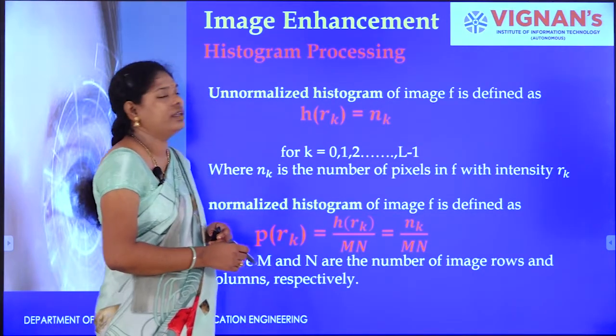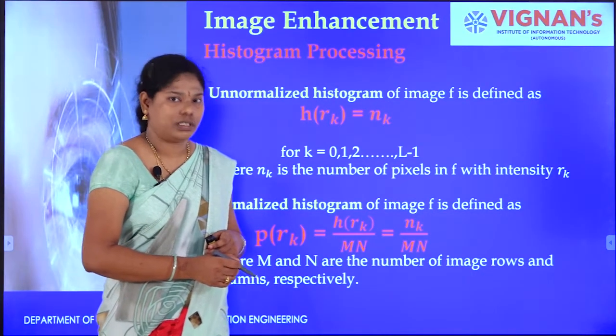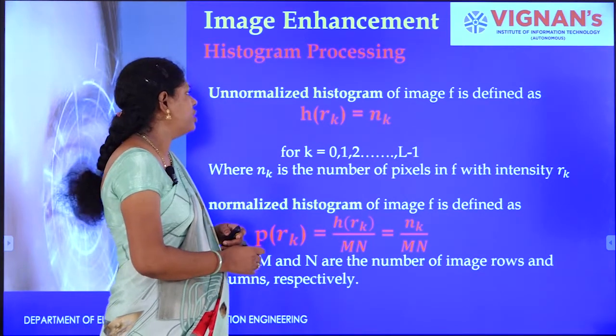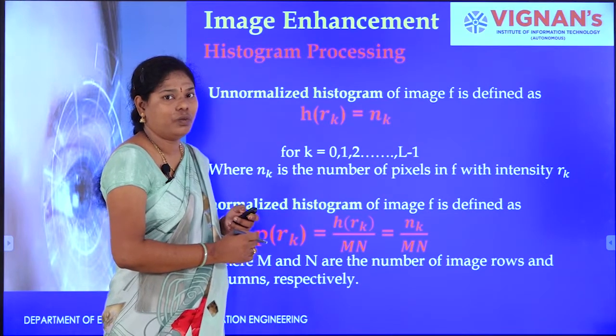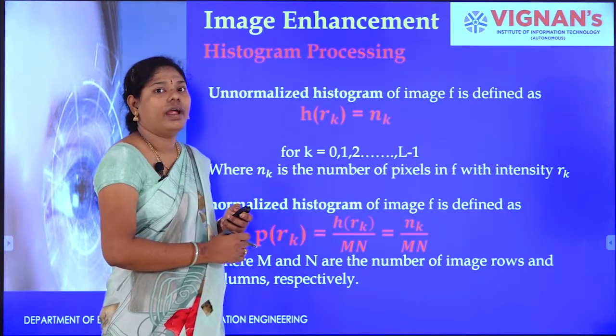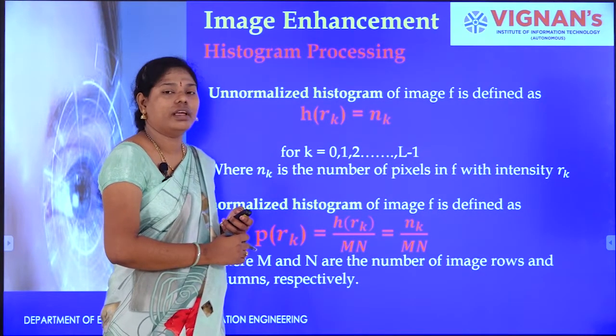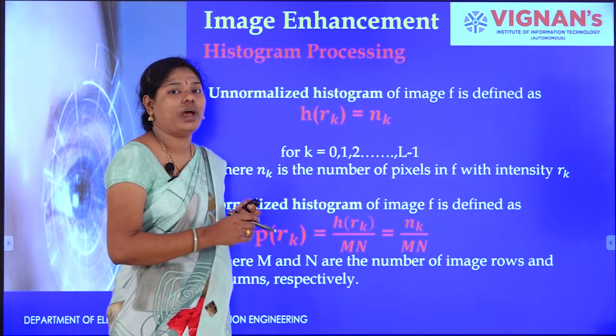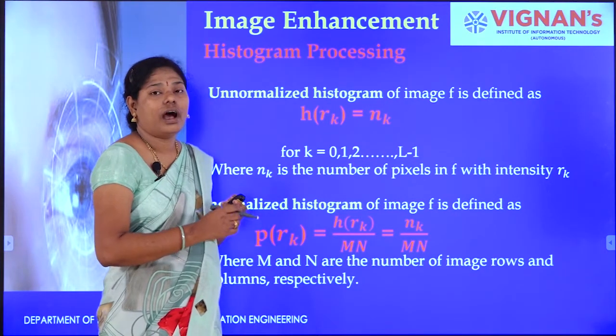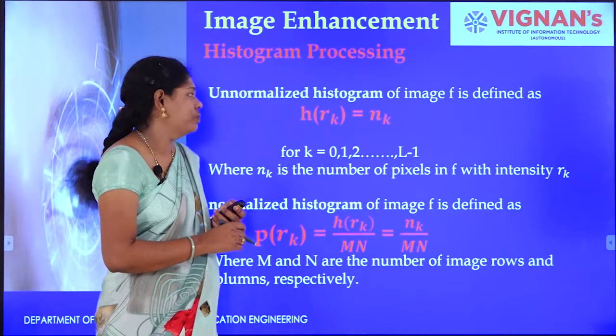The next topic is histogram processing. We have already seen that a histogram is a plot with x axis rk and y axis nk, where nk is the number of pixels with that intensity value rk.